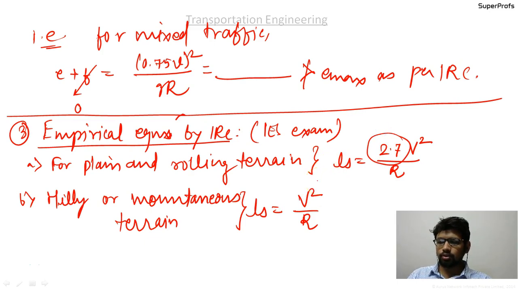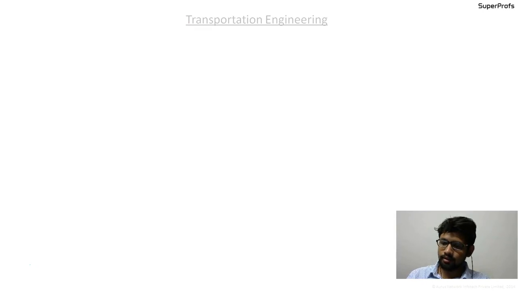So for the design, the length of the transition curve is the maximum of the values obtained from the above three criteria.